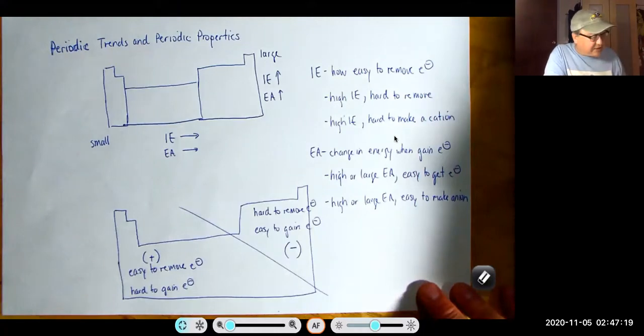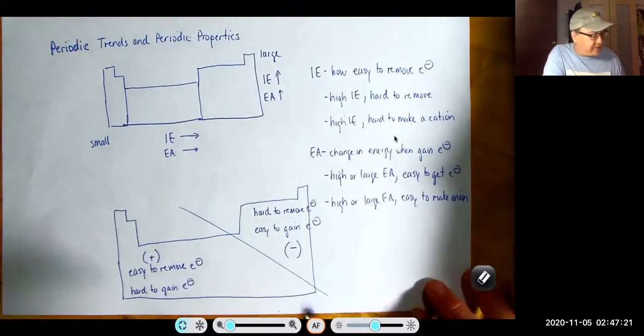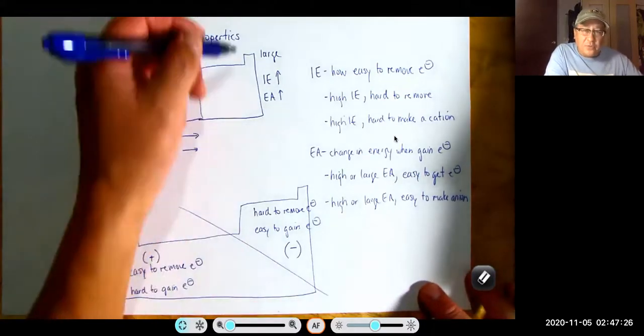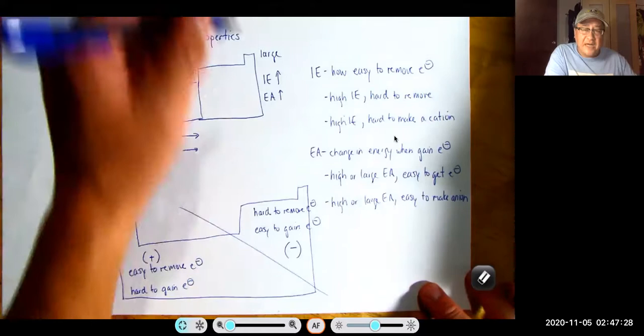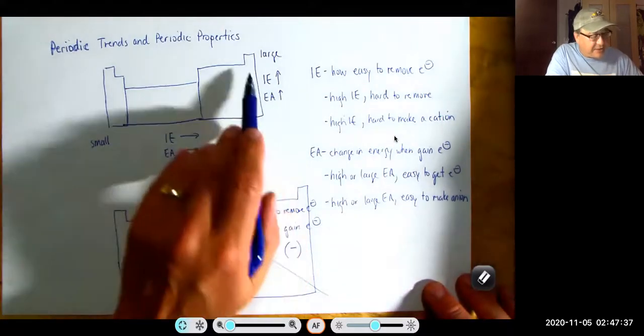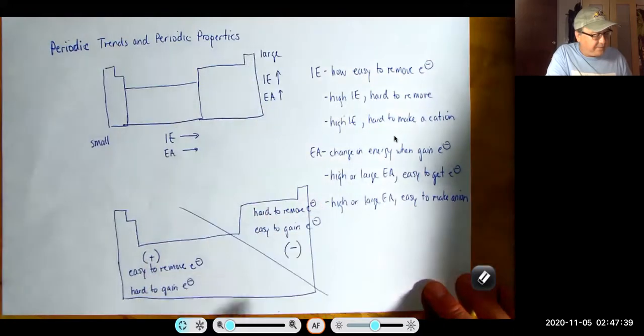And I'm looking at ionization energy, so I'm looking at positive values. On your periodic table, when you're looking in a group, higher up on the group means higher ionization energy, higher electron affinity.